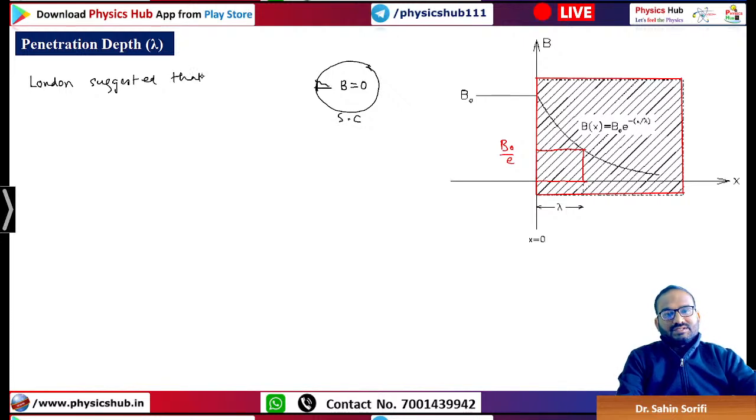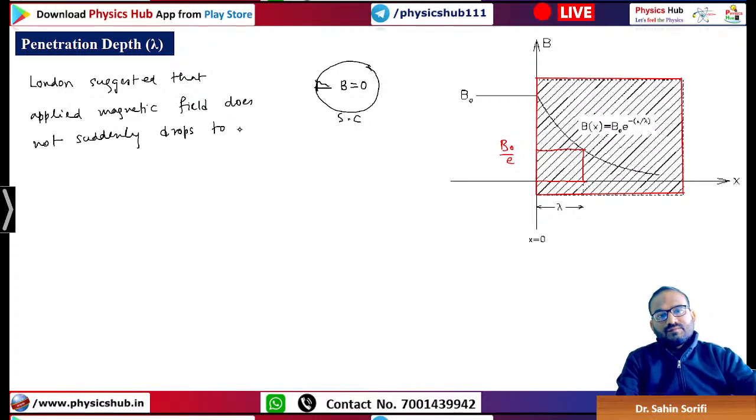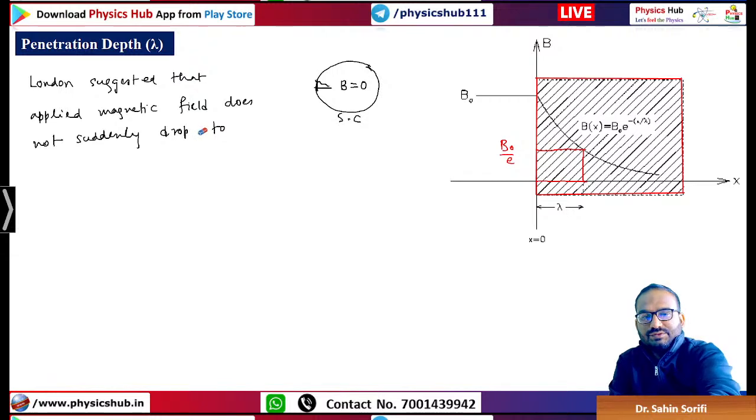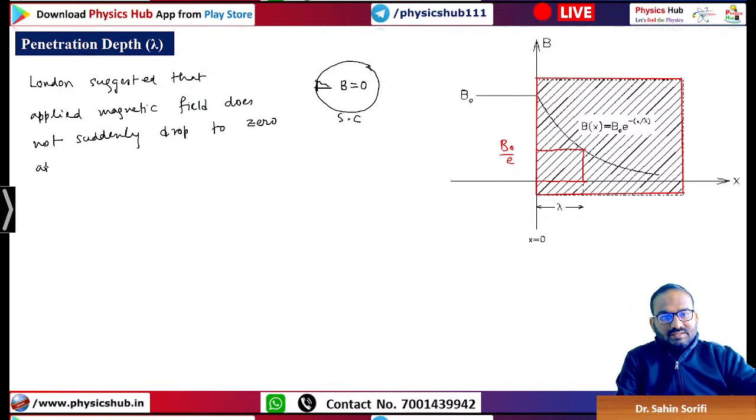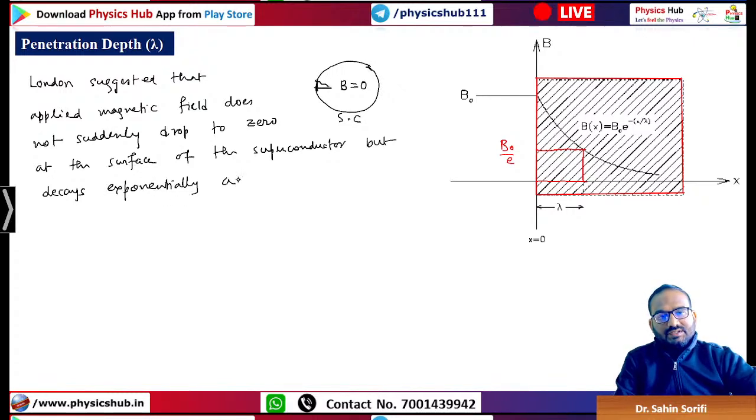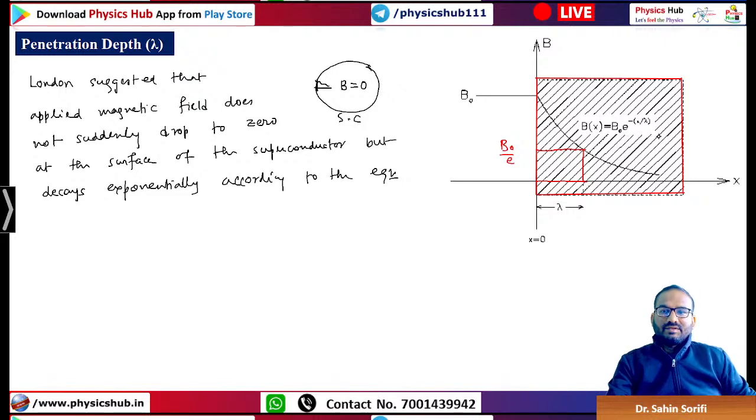London suggested that the applied magnetic field does not suddenly drop to zero at the surface of the superconductor, but decays exponentially according to the equation B of x is equal to B naught e to the power minus x by lambda.